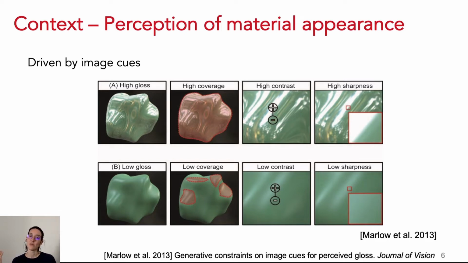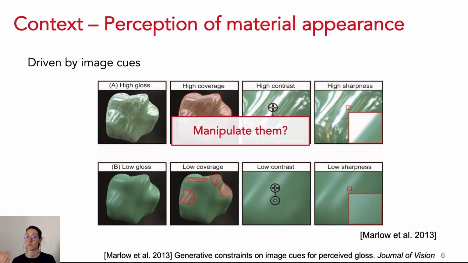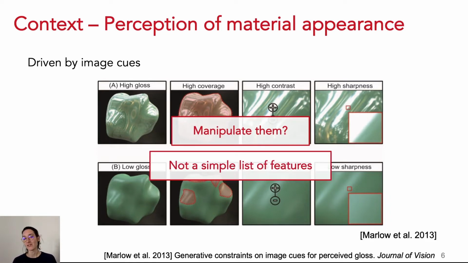So the idea is, can we manipulate these image cues such that we can change the appearance of the material? But unfortunately, there's not a single list of features that we can use. Perception is driven by a complex mixture of image cues that we have not identified yet. So we don't really have simple sliders on features that we can change.